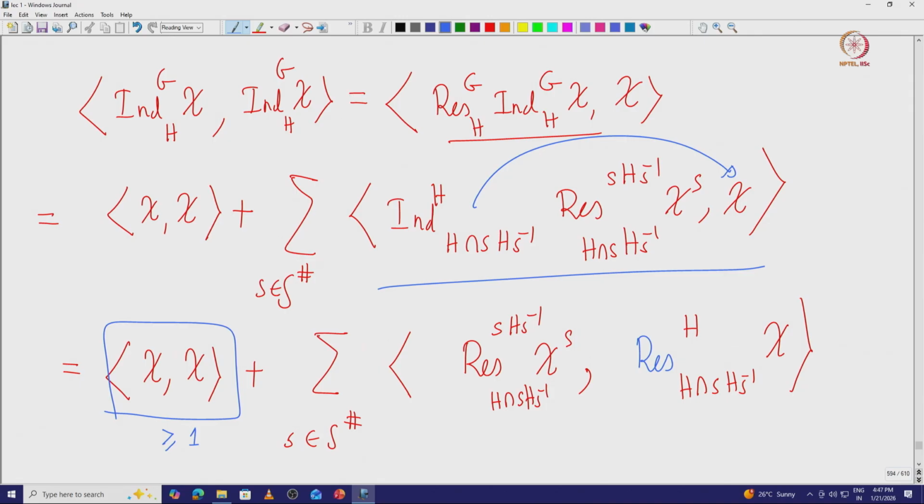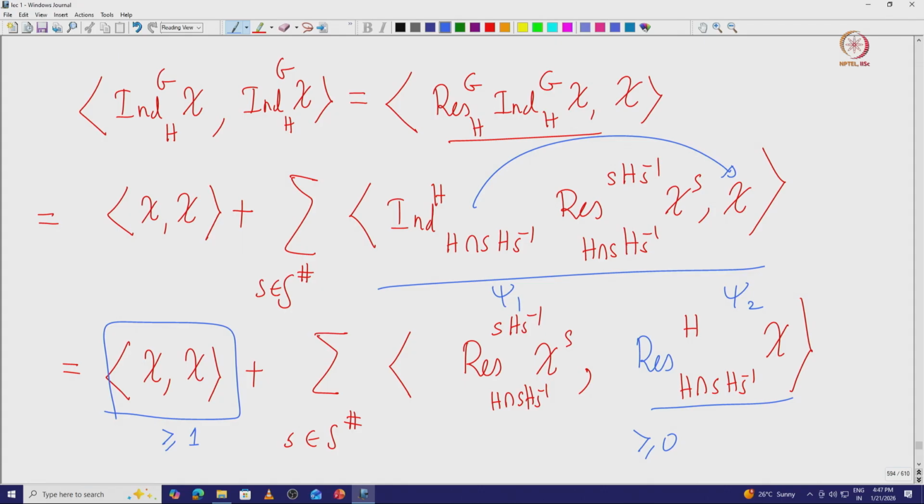One is the restriction of chi from H to H intersection S H S inverse, and the restriction of chi S from S H S inverse to H intersection S H S inverse. So, it is like xi 1 and xi 2. So, these two characters are there, and the inner product of that, for sure we know that it is non-negative. Okay, that is all we needed.